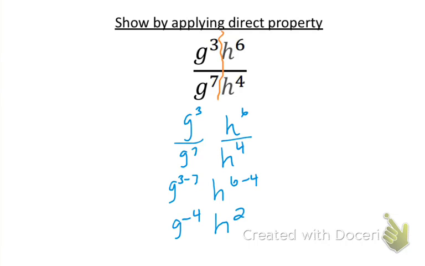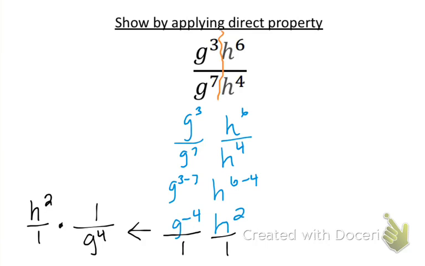So we have to do something about this, because it cannot stay like that as your simplified answer. What's going to happen is we're going to turn that into a fraction, and it's going to flip. When we flip, we no longer have a negative power. But since we turned this into a fraction, this also has to be a fraction. But it's not flipped, because it doesn't have a negative power.